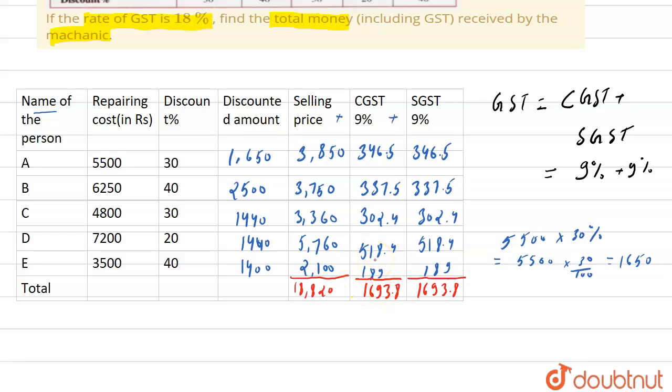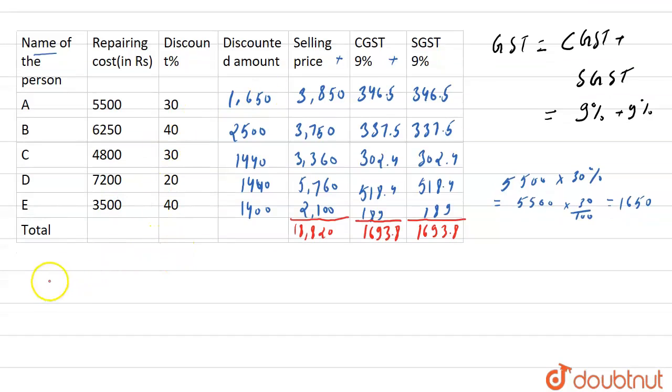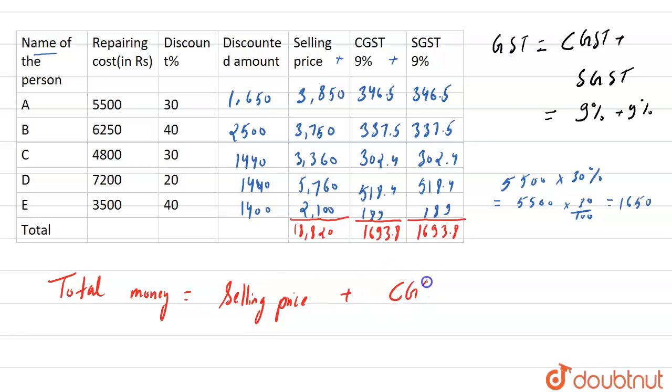Now our total money will be, let us calculate it. Total money will be addition of selling price plus CGST plus SGST.